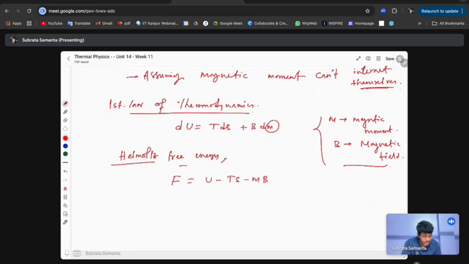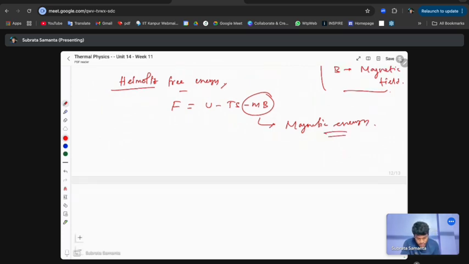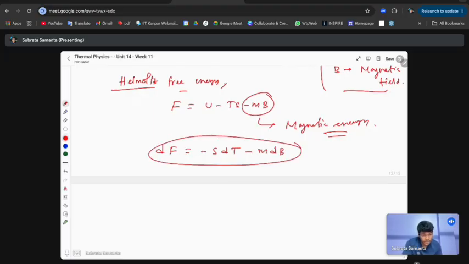Then dF, the differential, is minus SdT minus MdB. Using the same arguments, dF is an exact differential.